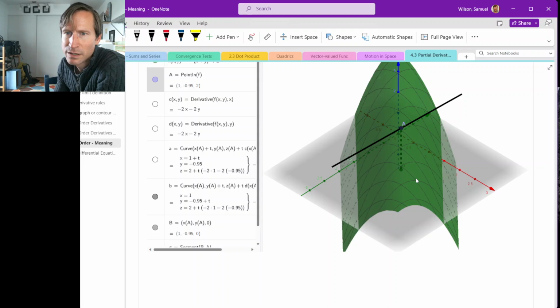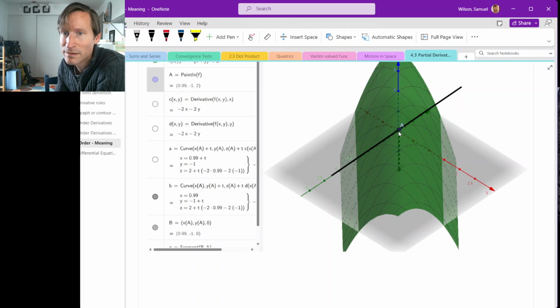So on the negative y side of that point, the tangent line has positive slope. And then as we move in the y direction, that positive slope becomes a 0 slope. Remember, this is horizontal there. And then as we keep moving in the positive y direction, I've lost the ability to move that point.